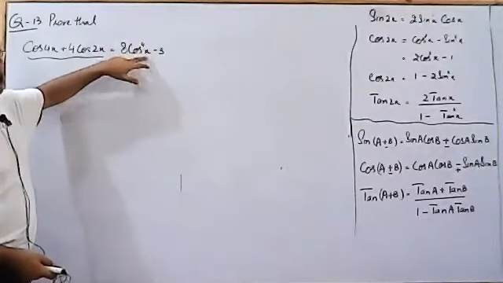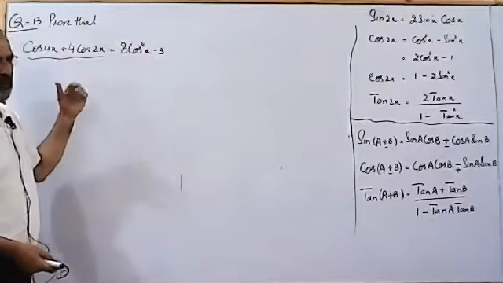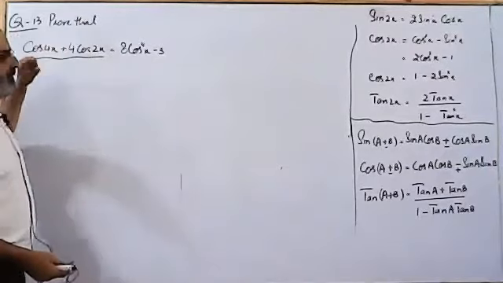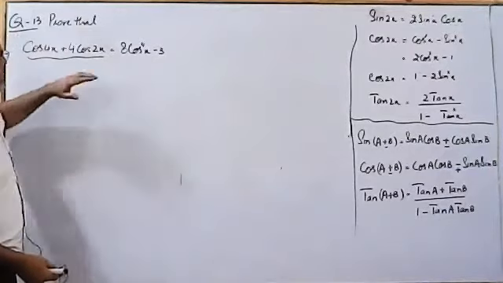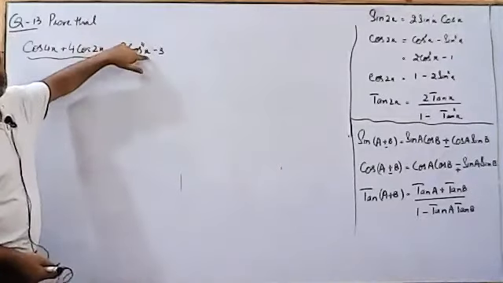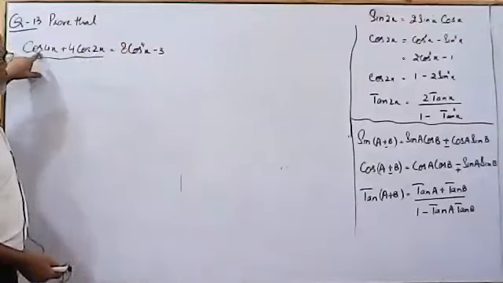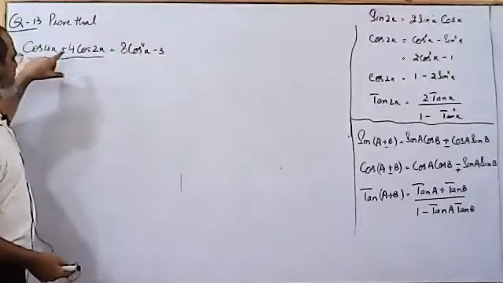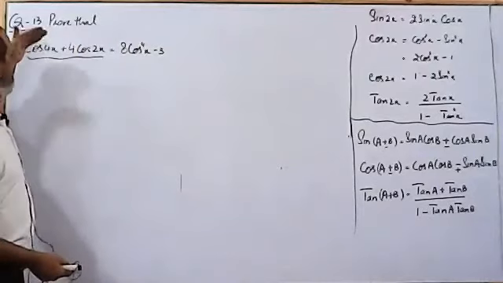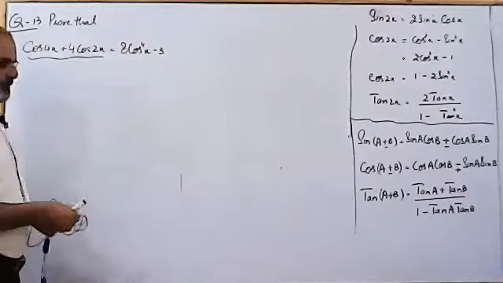Changing x into 2x is a bit difficult for you people. So I'm going to select the left side, and remember what I need is an expression in terms of cos x. Here I have cos, but in terms of 4x and 2x. So I have to use the double angle formula to reduce it to x.